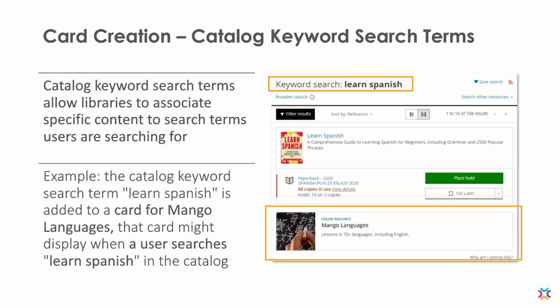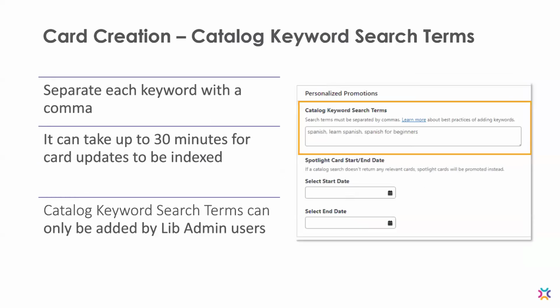But not everybody's going to type Learn Spanish. They could type Learning Spanish, learn how to speak Spanish, learn how to speak a foreign language, learn Spanish fast. There are lots of different variations patrons could use. So you, as a marketer, get to figure out all those terms and you can add all of those terms to the catalog keyword search terms.